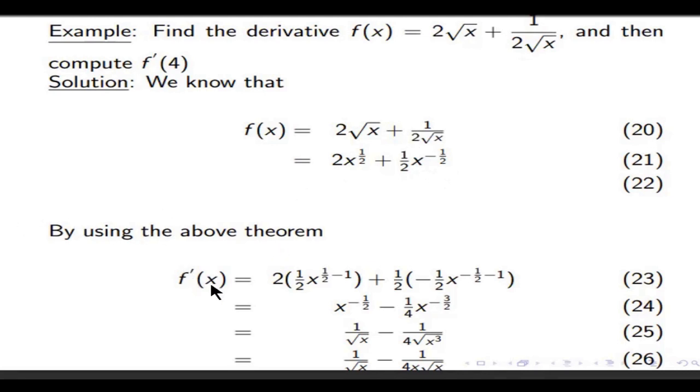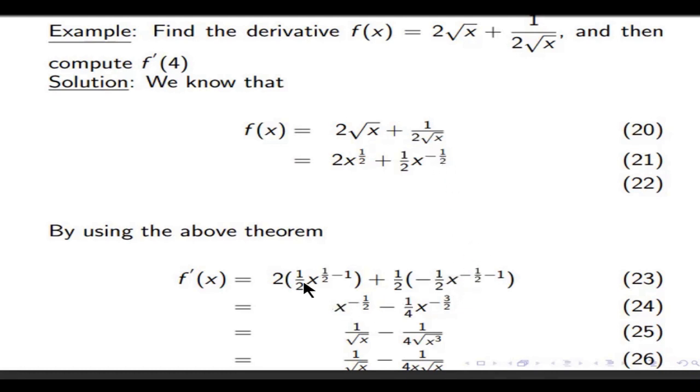By using the above theorem, f prime at x is equal to, differentiating directly, 2 times 1 over 2 x to the power of 1 over 2 minus 1, plus 1 over 2 comes out again, negative 1 over 2 times x to the power of minus 1 over 2 minus 1.